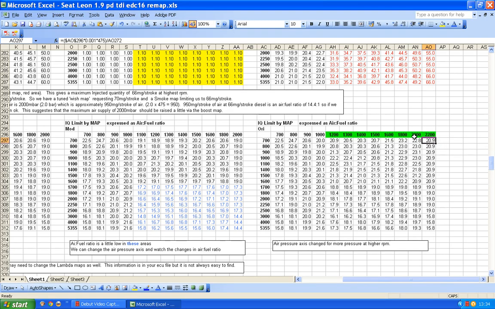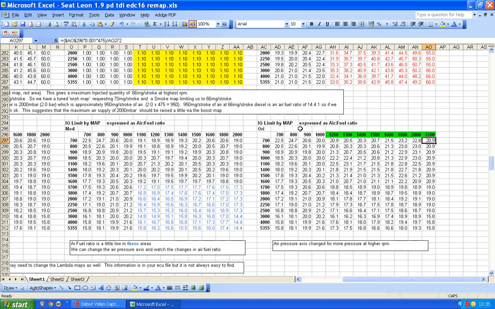So what I would do at this point is either consider making these higher again to match my boost values, or I would consider trying them out as they were. Now, if you want to keep everything in line, in other words, you want these figures to match with your boost figures at the same time, which is often a good idea, then it might be an idea to increase these further, just to pull them up nearer to the figures that are going to be on the boost map.